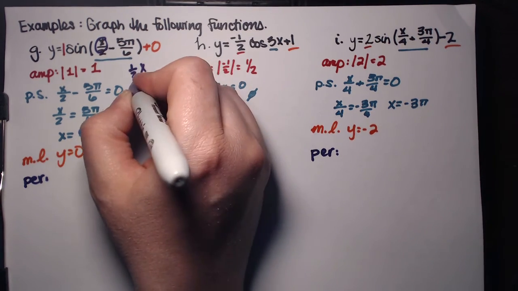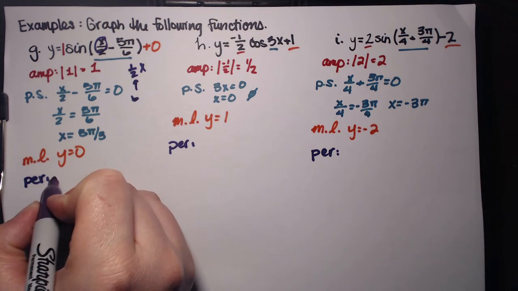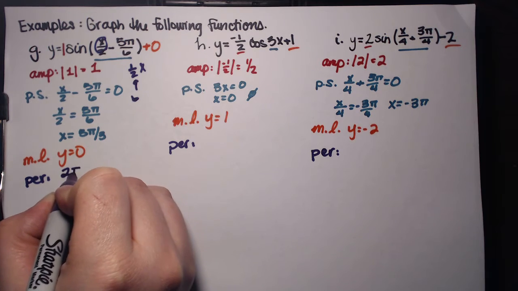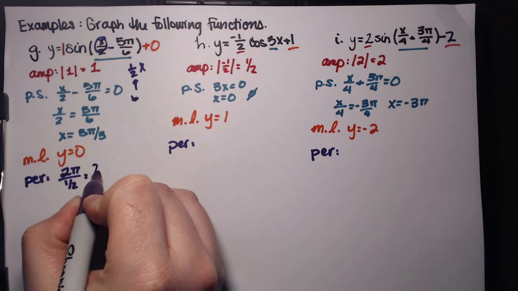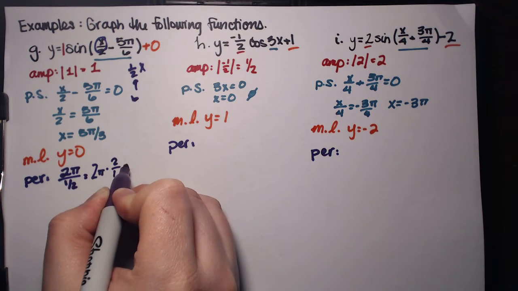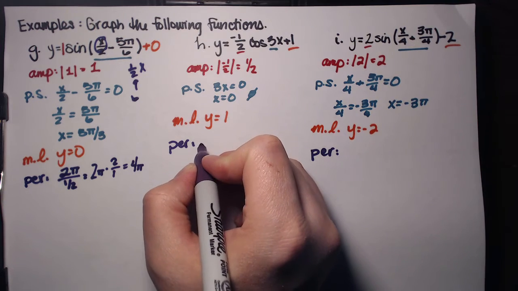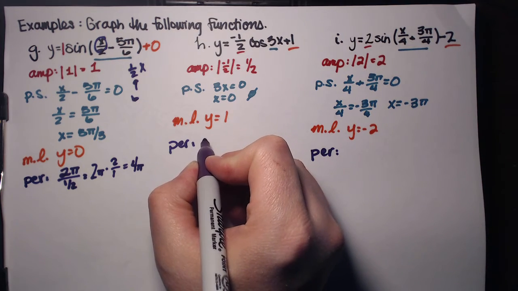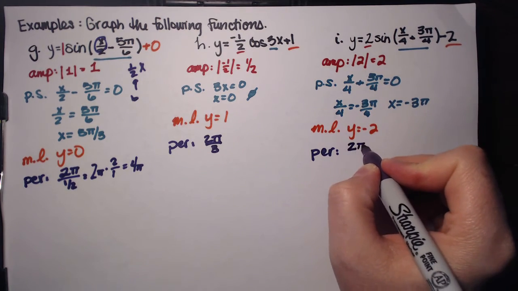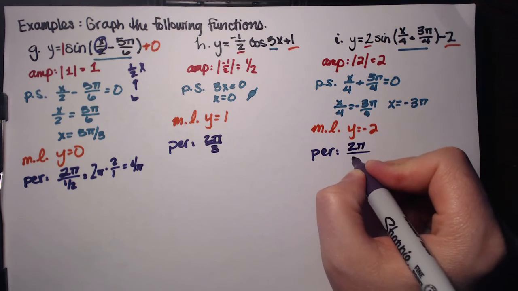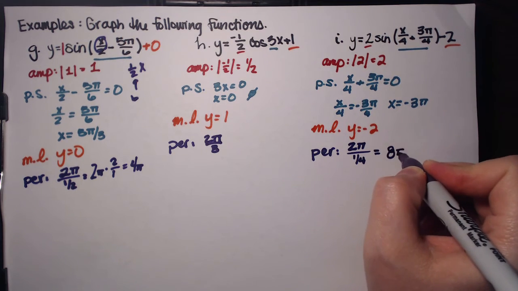So that b value is the 1/2. So we take 2 pi divided by 1/2, multiply by the reciprocal, is 4 pi. So on this one, there's that 3 there, so 2 pi divided by 3. And this one, there's a 1/4 here, so that's going to turn into 8 pi.